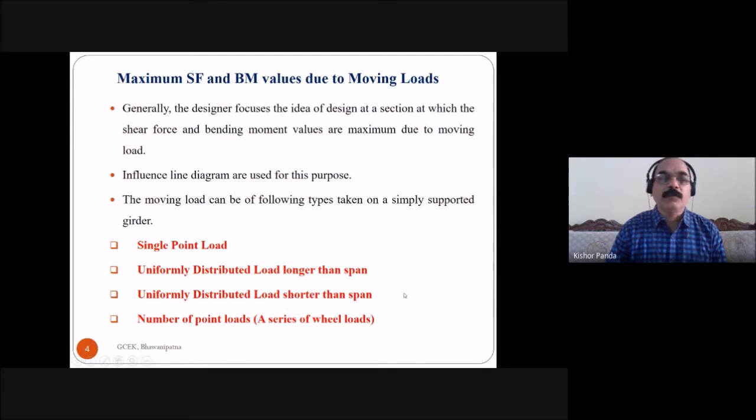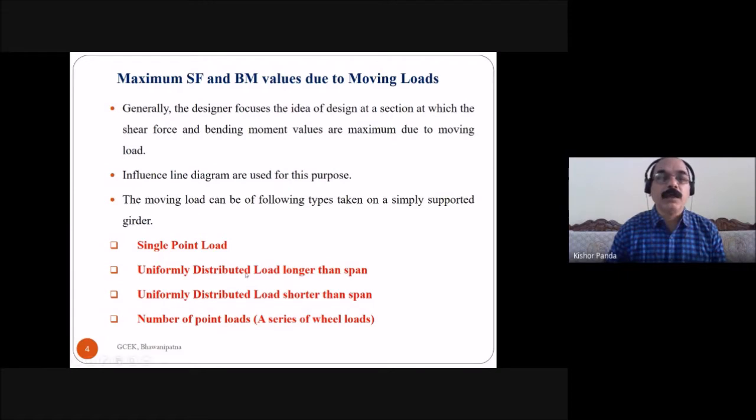A train load, you see, in the case of a train, there are a number of point loads, a number of wheels. So what is the maximum bending moment and maximum shear force at the specified section due to the position of that number of wheel loads? That we'll discuss later.